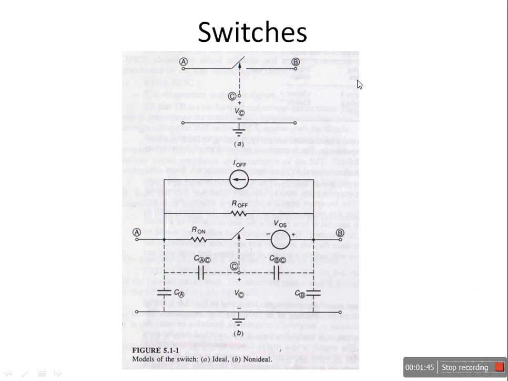Here figure A shows the basic switch, or you can say the ideal switch. It has three terminals, A, B and C. The current will flow between terminals A and B. Look at the cursor. This is the switch.